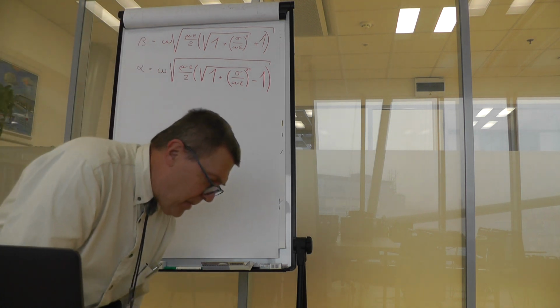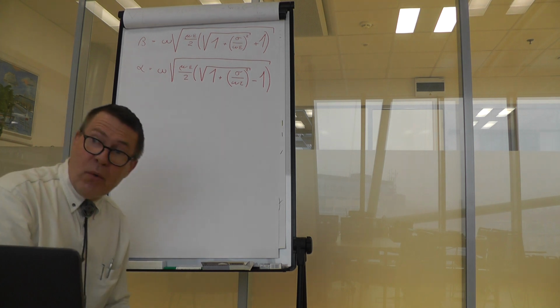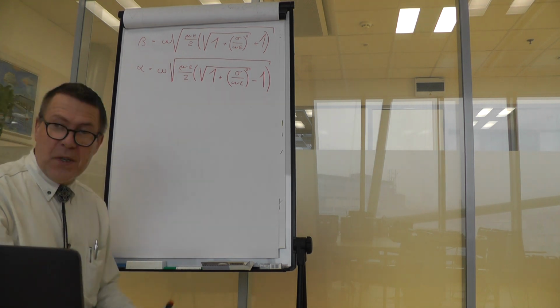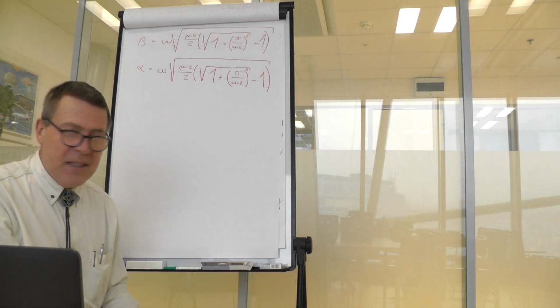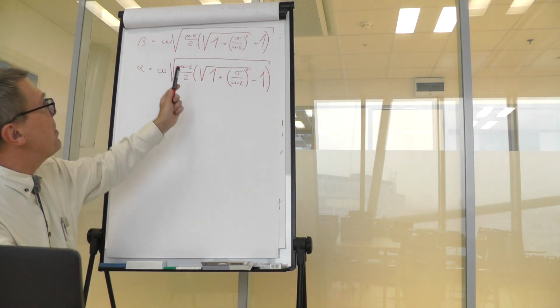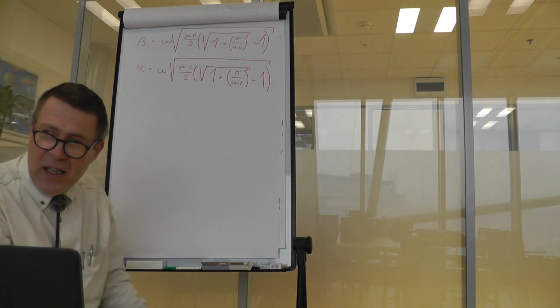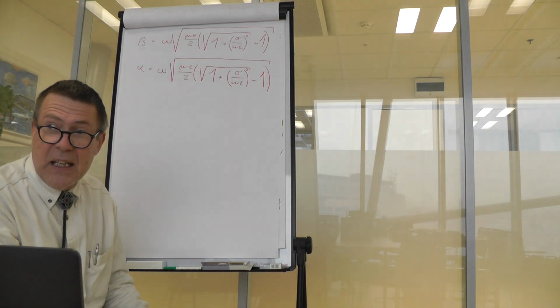Now, if I may, I would make two remarks. First remark, a dangerous kind of mistake. You should still remember that mu and epsilon are mostly given as relative values.